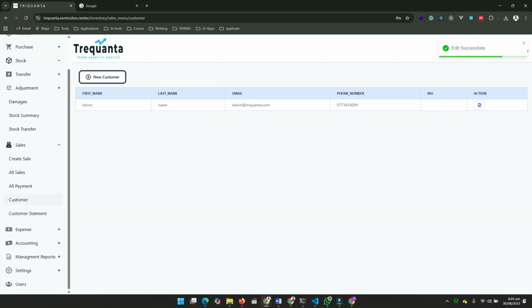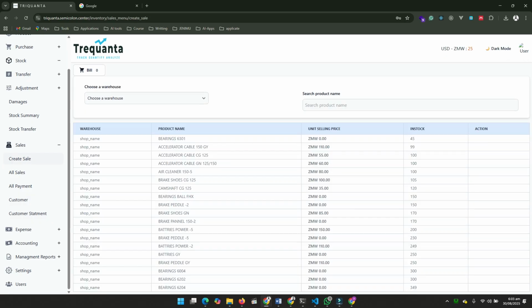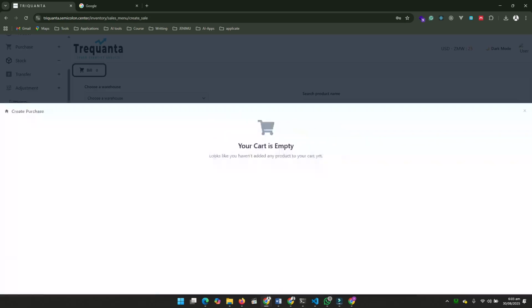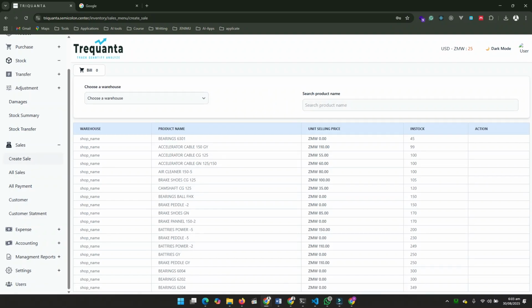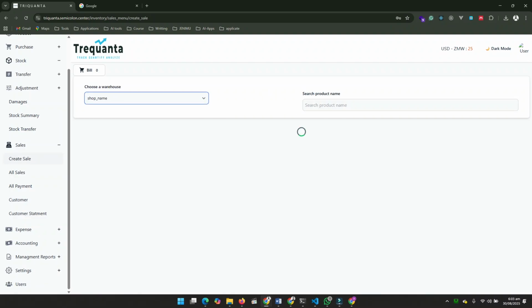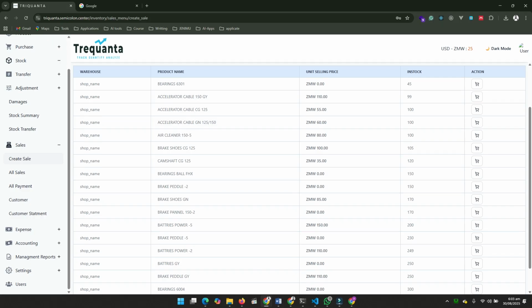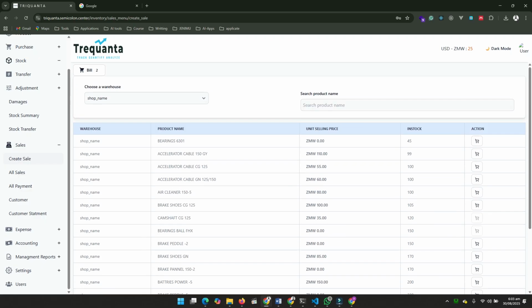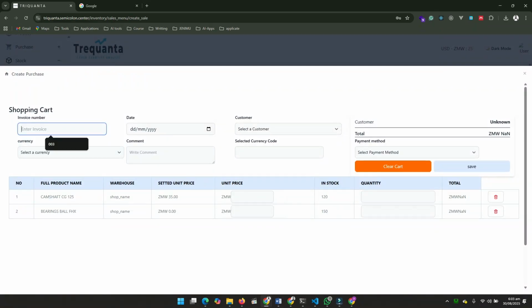So if I go back, of course the invoice is not in our cart, and I can create it again, the invoice of these two. When I go back, I have invoice 003, which I sold yesterday.